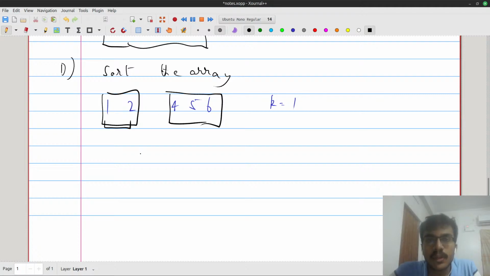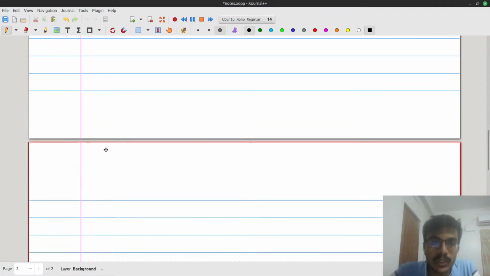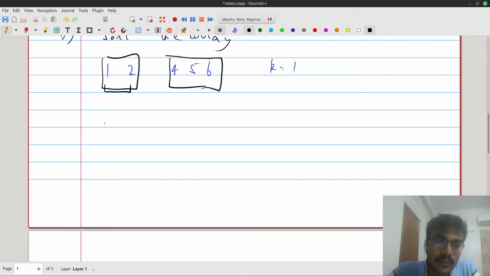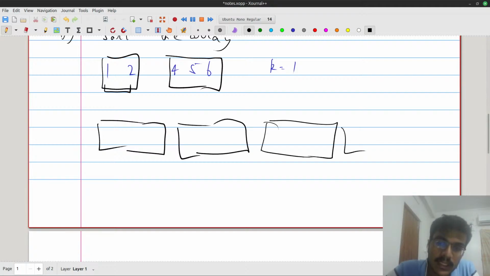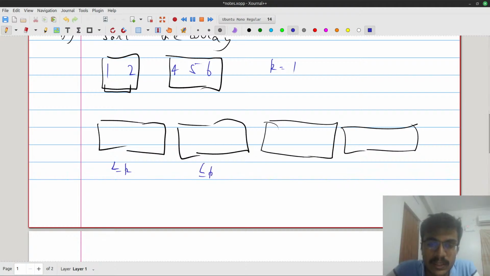So that's one interesting thing to note. What will be a solution? Let's think about the solution. We can always divide our array into a bunch of subarrays like this. Within each of these subarrays, the difference between consecutive elements would be smaller than or equal to k.